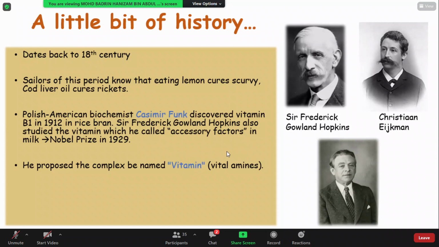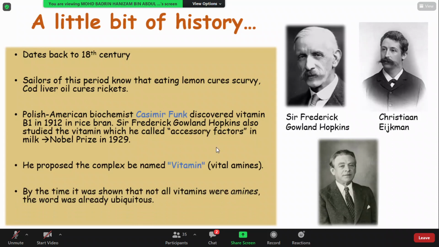So to be short, we call it vitamin. We found that all of these compounds contained an amine group at one side of the compound in the structure. So we called it vital amine. By the time it was shown that not all vitamins are amines, it is true that some vitamins contain amine, but not all vitamins actually contain amine.